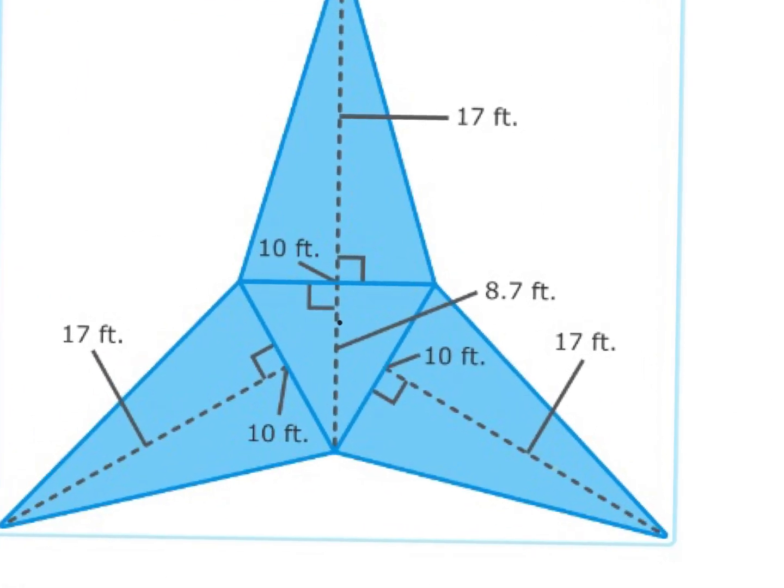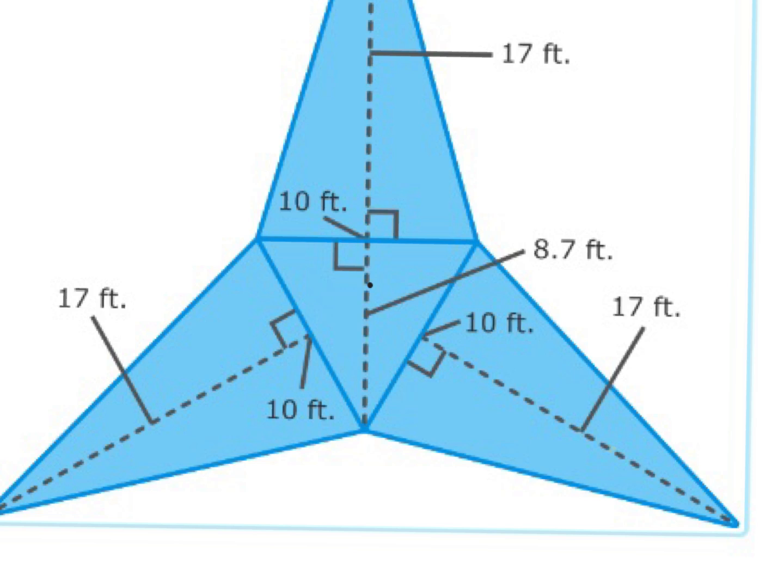So if we want to solve for base first, 8.7 times 10 is just going to get us 87. And since it's a triangle, we still have to divide by 2. So 87 divided by 2. 2 can go into 8 4 times. Subtract by 8, and we get 0. We have to drop our 7. 2 can go into 7 3 times, which gets us 6.